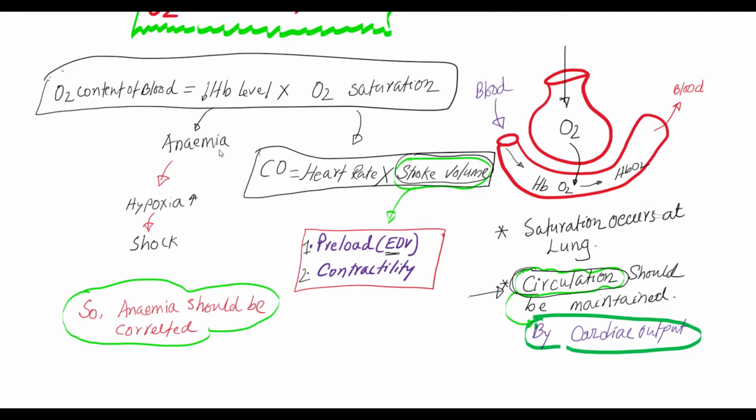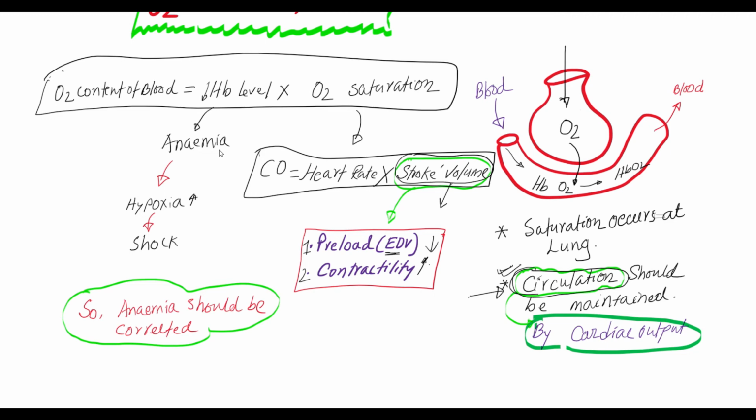As a whole, if cardiac contractility decreases, stroke volume will decrease. If cardiac contractility is maintained well, then stroke volume will be maintained. If preload decreases, stroke volume will decrease. If preload increases up to a certain limit, then stroke volume will be maintained and increase. So if stroke volume is maintained, oxygen saturation will be maintained. That means blood circulation through the pulmonary bed will be maintained.